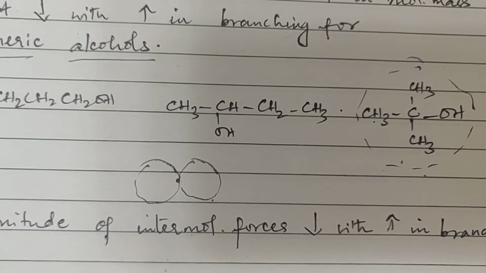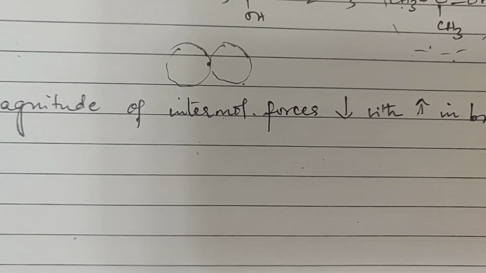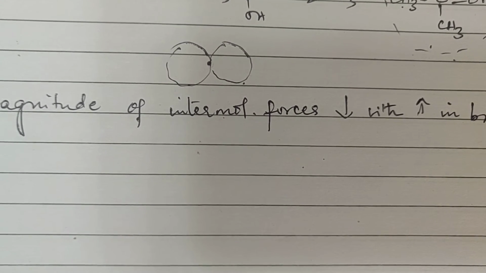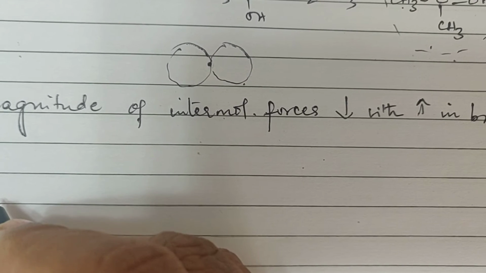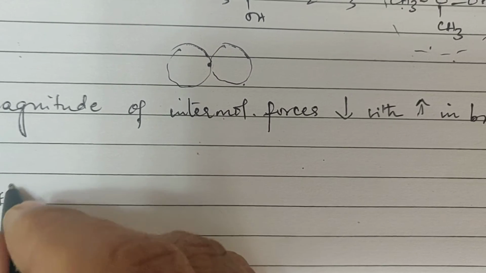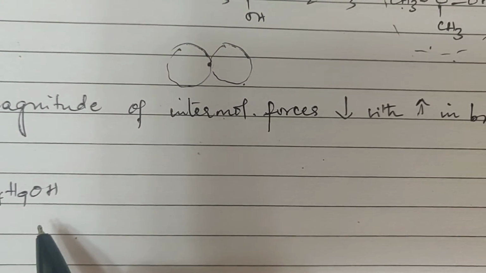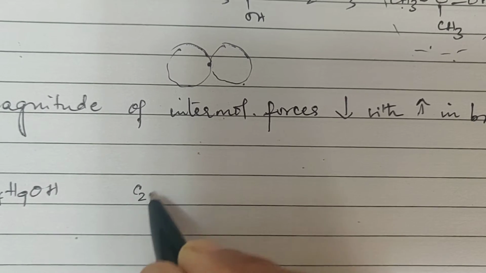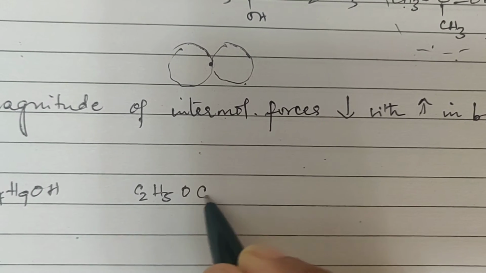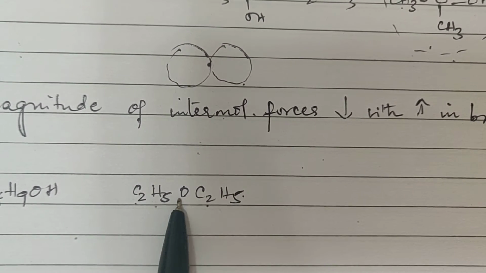Now when you consider, say for example, molecular mass is same. Say you have C4H9OH. This is alcohol. Now if I put it this way, C2H5OC2H5, here also you have 4 carbon atoms, 10 hydrogen atoms and 1 oxygen.